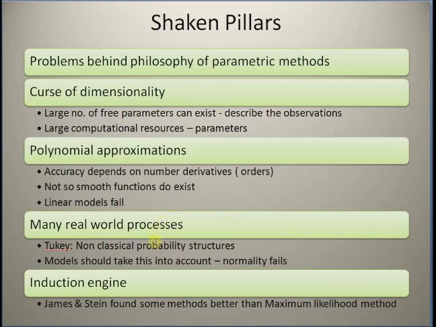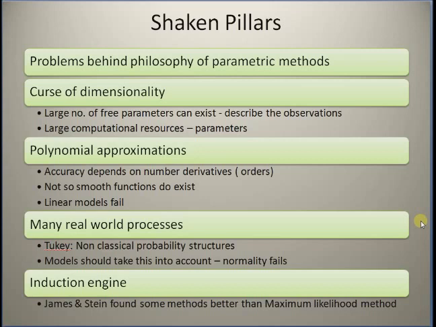The second one is that many real world problems are found to actually follow non-classical probability structures. And Tukey found out that the models that are built to understand these observations should also take these non-classical probability structures into account in order to infer their functional dependency.